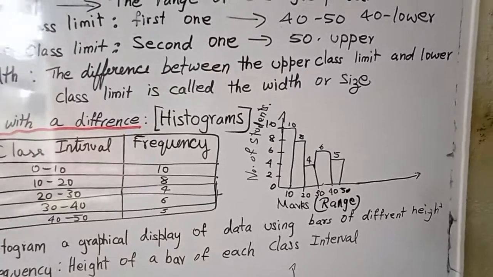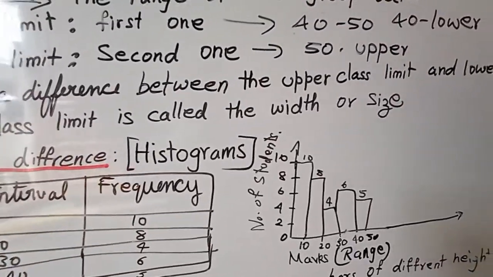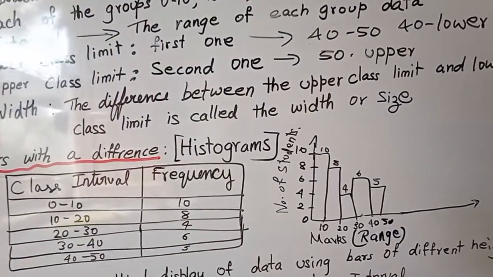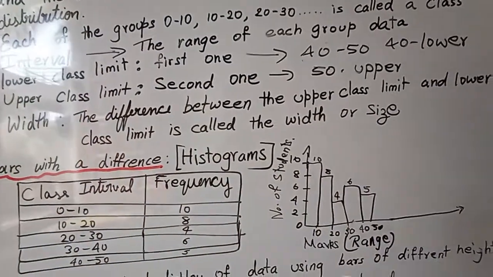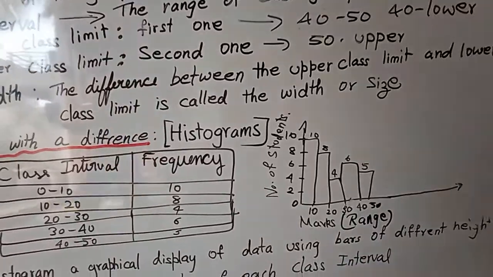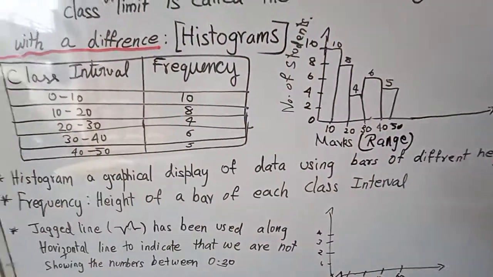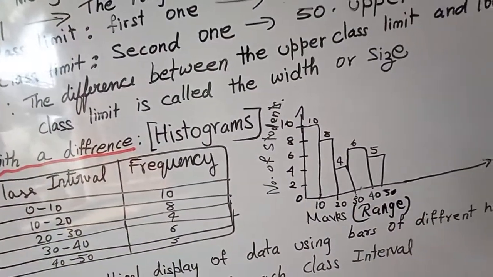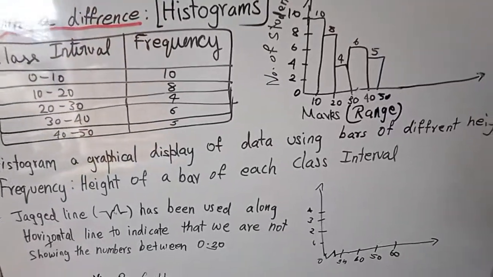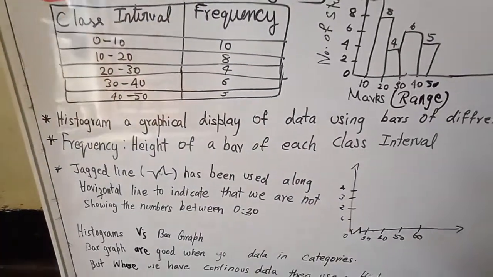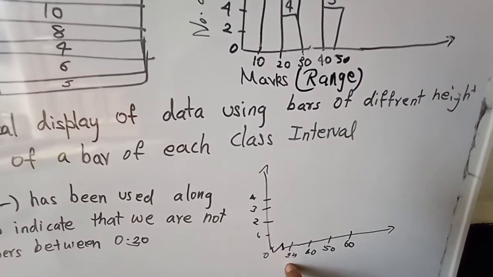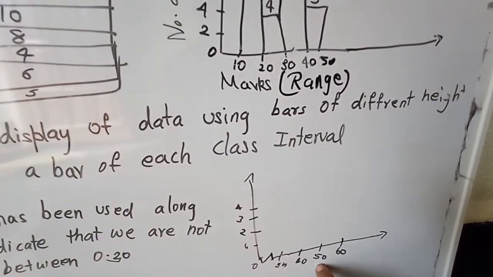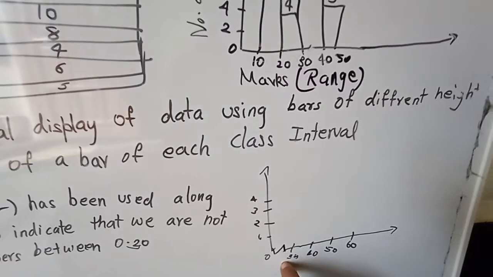One more thing, my dear students. If it is continuous data, for example height or weight, the starting value will not be the minimum; the weight will begin from 10 or 20. In that case we have to take it like this. When we are showing, I started with 30, 40, 50, 60. Where are 10 and 20?